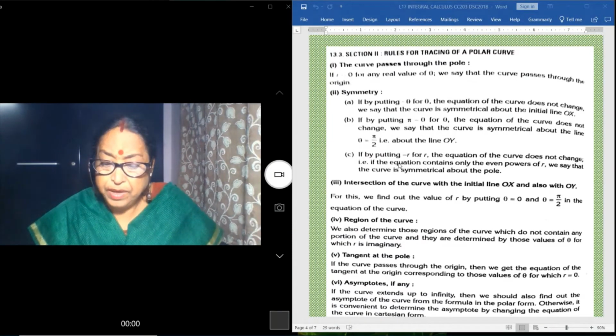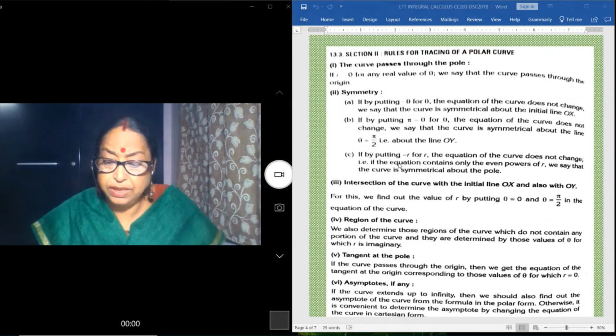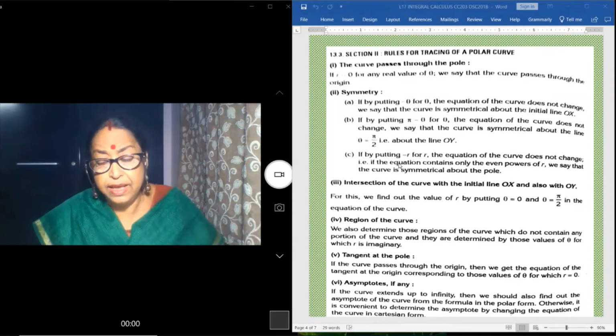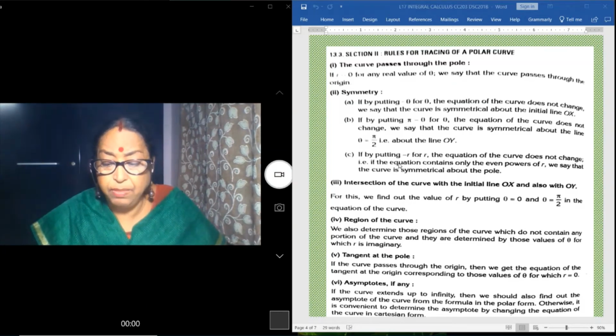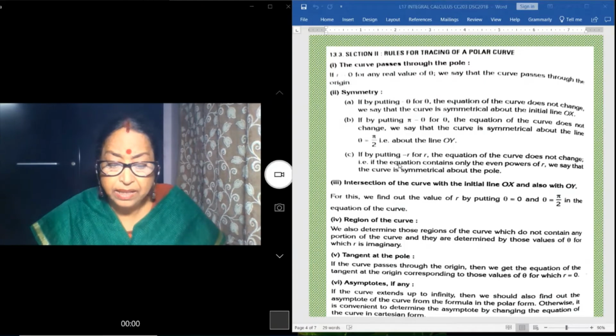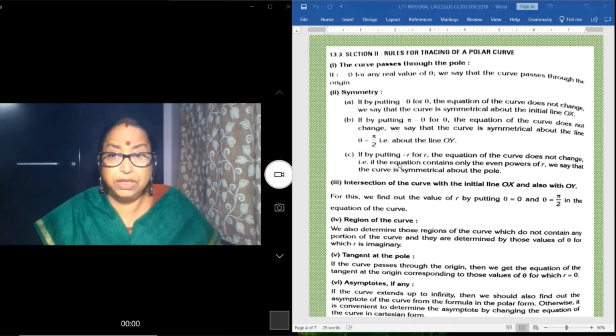First, whether the curve passes through the pole or not. For this we have to check if r is equal to 0 for any real value of theta, then we say that the curve passes through the origin.